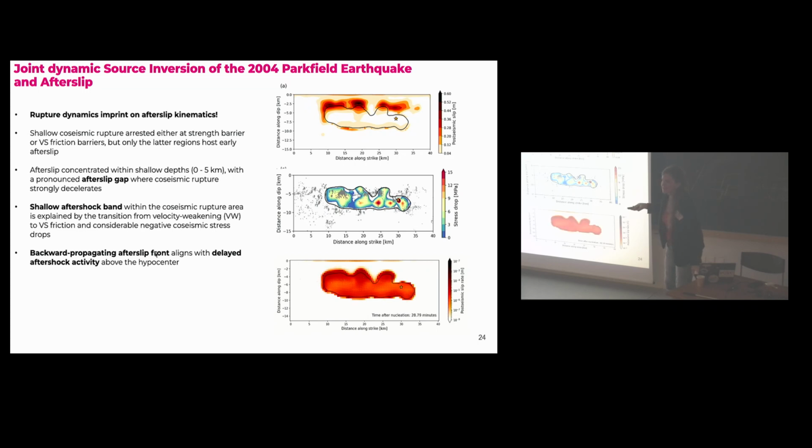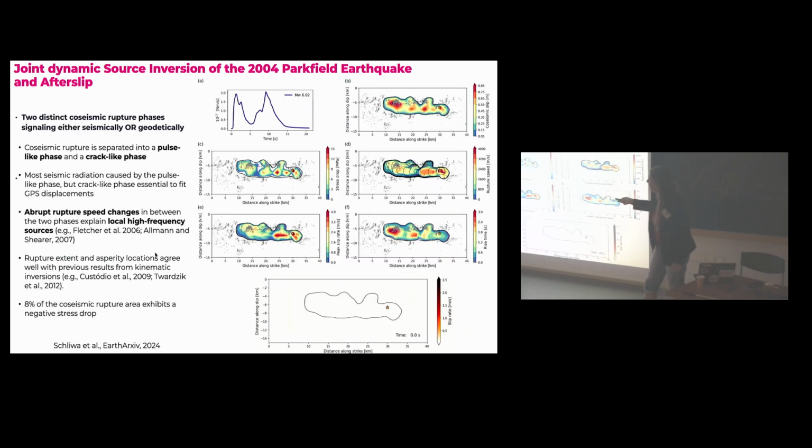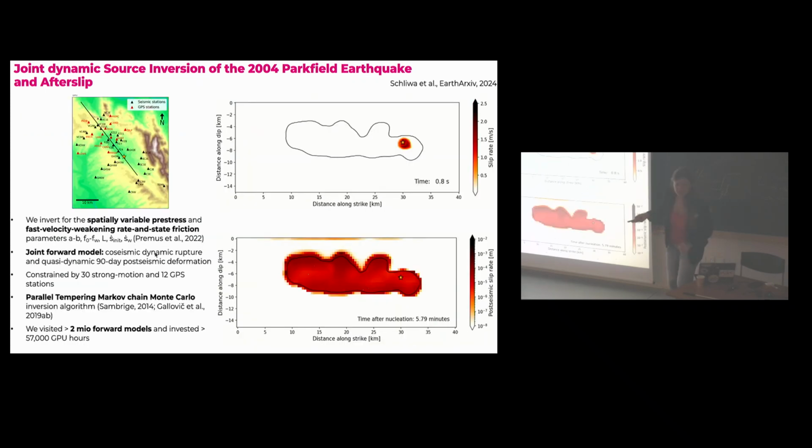Fast velocity weakening rate-state friction for. Yeah. Inverting for all the parameters? We're inverting for, I thought I had this. Yeah. Okay, so spatially variable pre-stress, A minus B, the difference between F naught and F weakening, in this case L, and then the initial slip rate and the weakening slip rate.